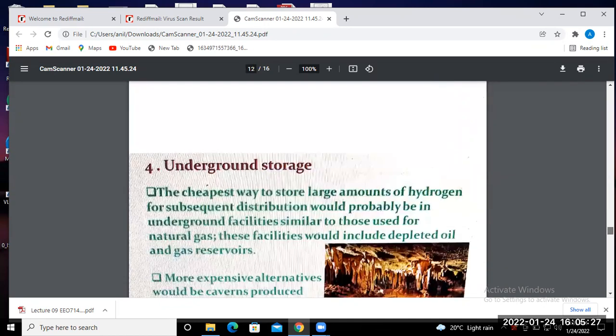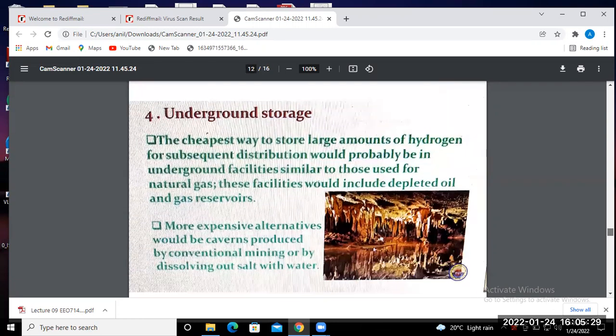Next is underground storage. The cheapest way to store a large amount of hydrogen for subsequent distribution would probably be an underground facility, similar to those used for natural gas.